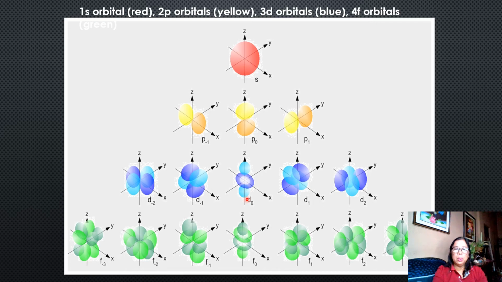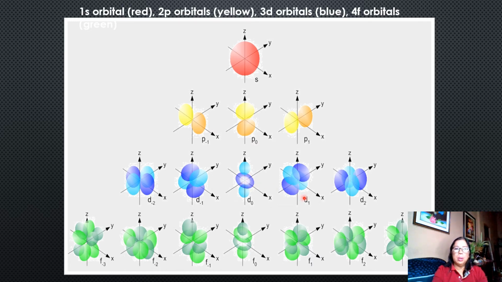In d0, the blue lobes, or the main lobes containing the z orbital or the s orbital, is surrounded with the other two pairs of lobes. So this one is illustrated with a bracelet or a ring.